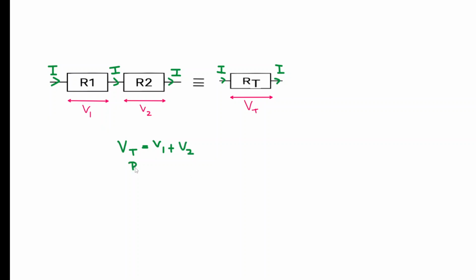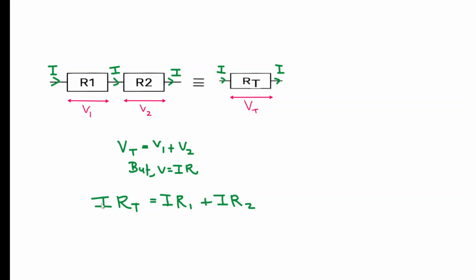Now we know the total voltage V total is equal to V1 plus V2. But V is equal to IR. Now what we are going to do is apply it to every resistor. So V total is I R total, which is equal to V1 which is I R1, plus V2 which is I R2.